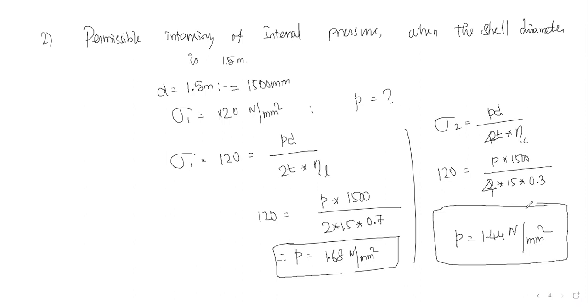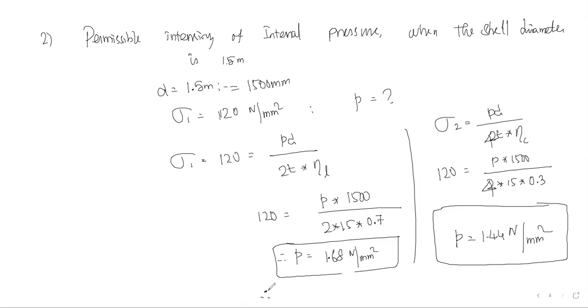So here, in order for both the conditions to be satisfied, the maximum permissible internal pressure is equal to the minimum value of the pressure among them.